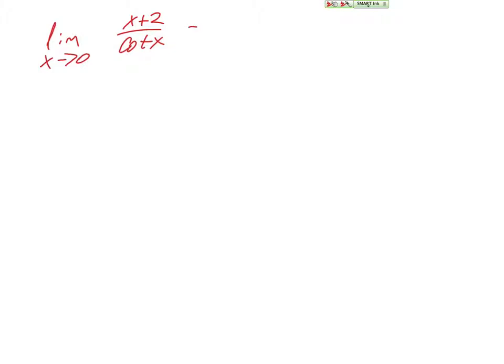In the top, we have 2. What is cosine at 0? 1. So it's going to be 1 over 0 down here. So what does this end up being? It ends up being 0, because this is 2 divided by 1 over 0, which is 2 times 0 over 1, which gives me 0.